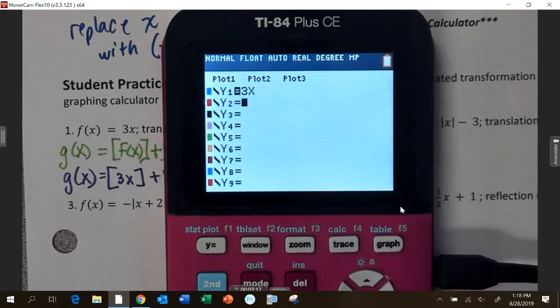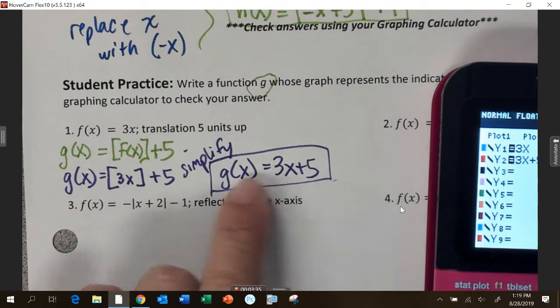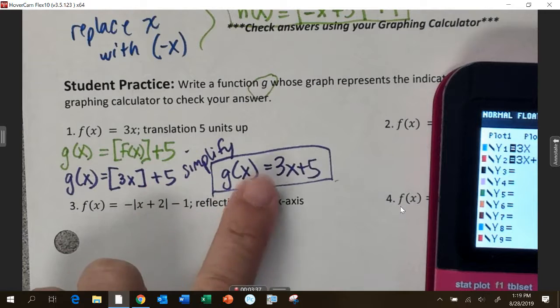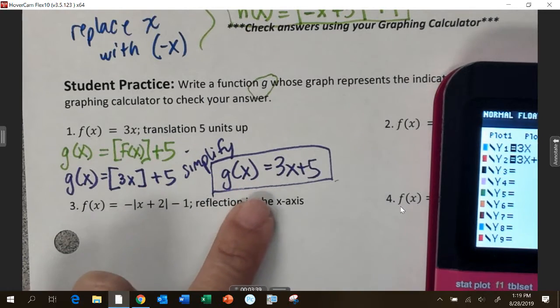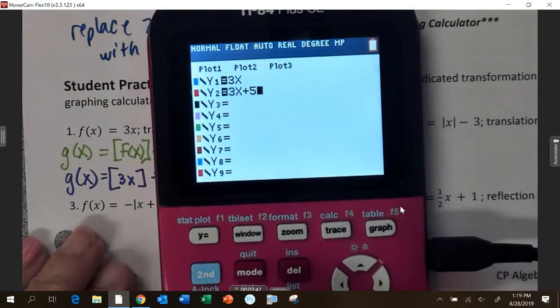Now I'm going to go down, and I'm going to type in my answer, which was 3x plus 5. Questions? No, because remember I simplified and got rid of them. So I'm typing in this one that was simplified. If you put parentheses, it should still work.